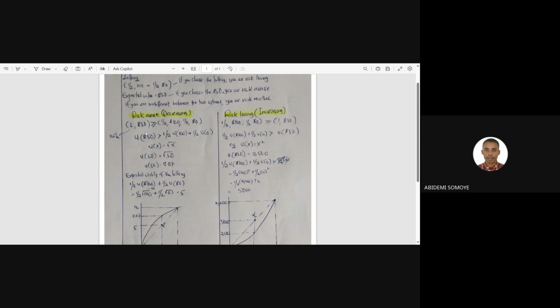That's why you have half, $100, half, $0. That first half, $100 simply means he has a 50% chance of winning $100, and the other half, 0, means he has a 50% chance of losing everything.